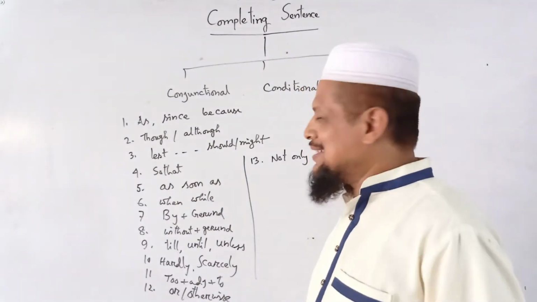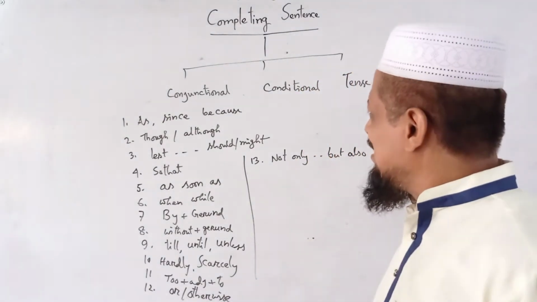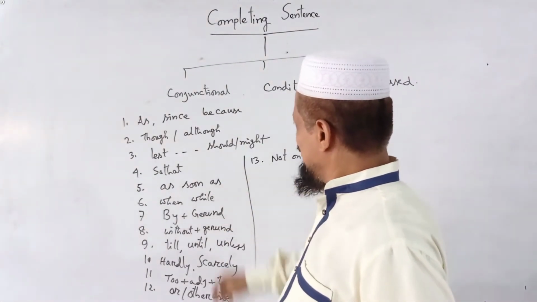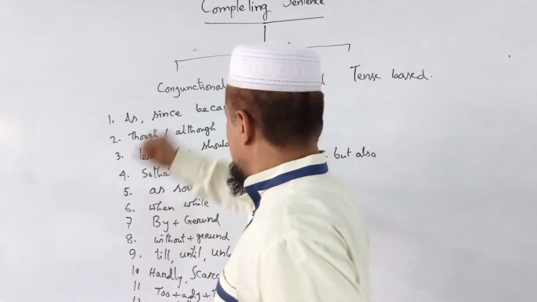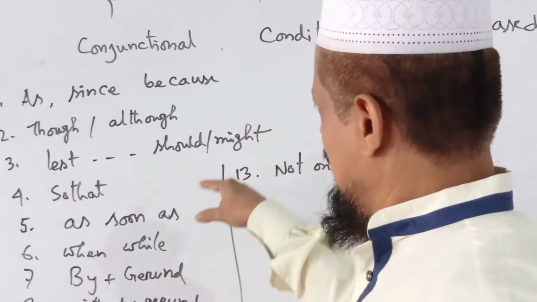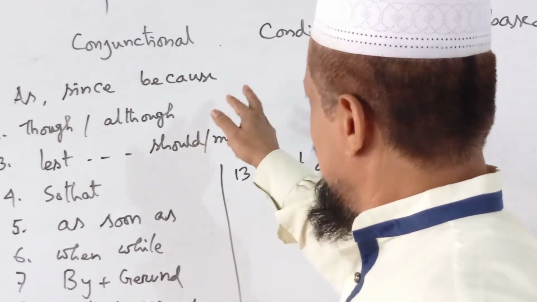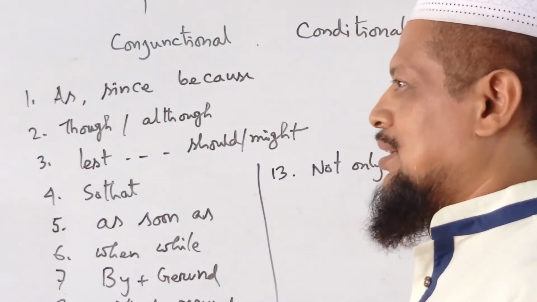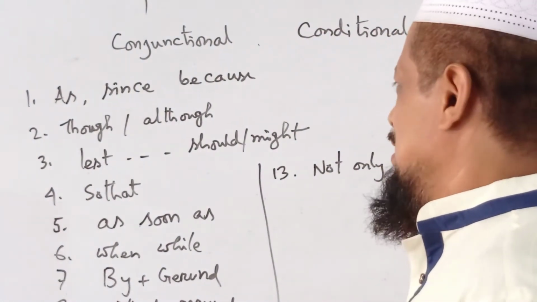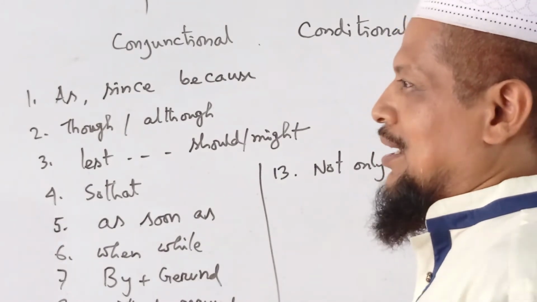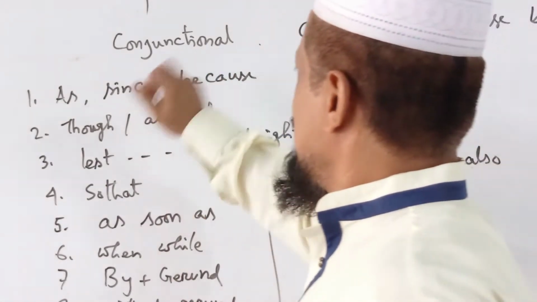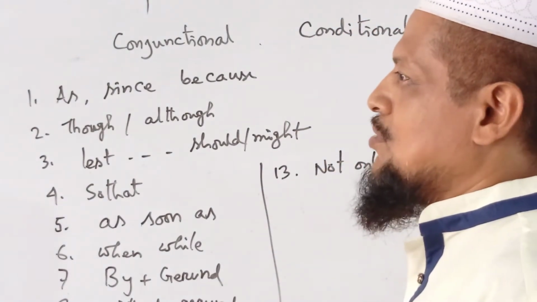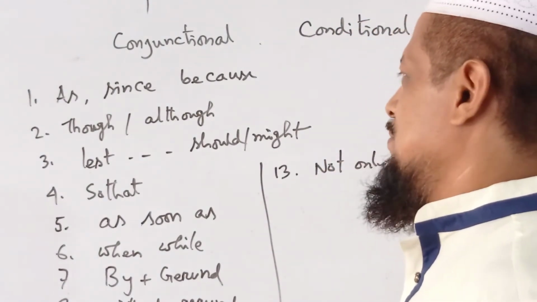You have already seen I have written some rules here. Most of them are conjunctional, and I would like to explain how a conjunction is used to complete a sentence.